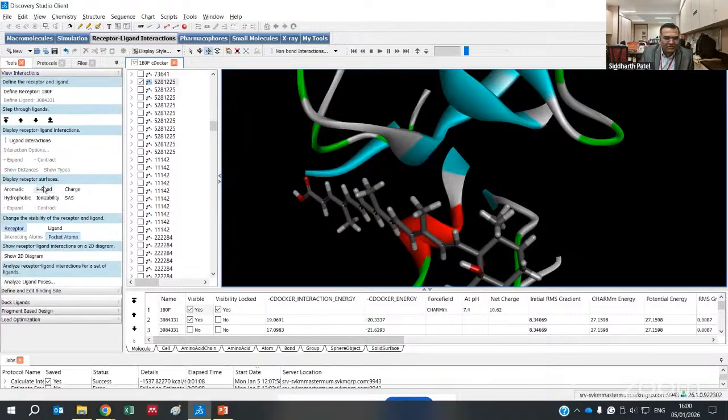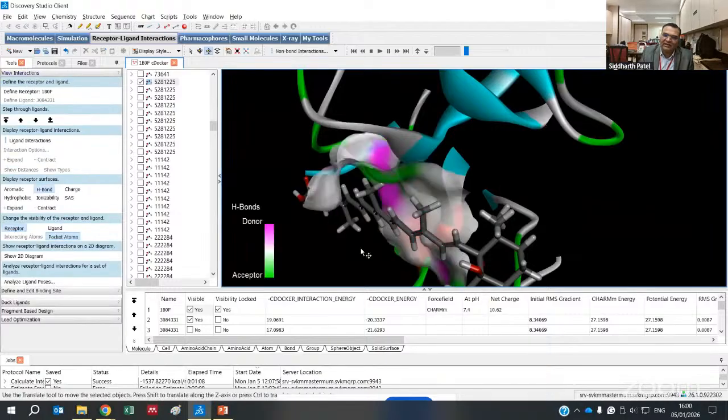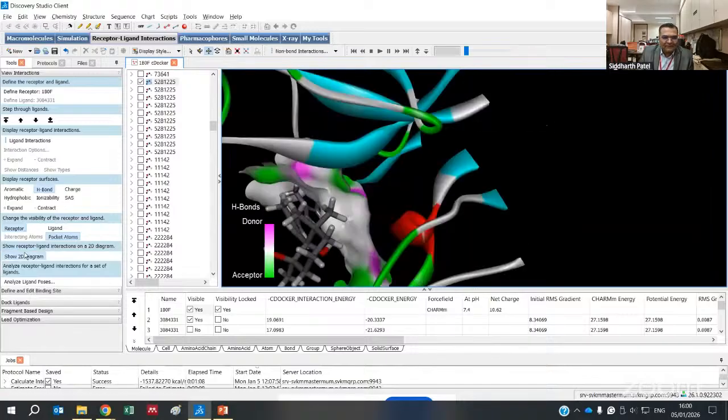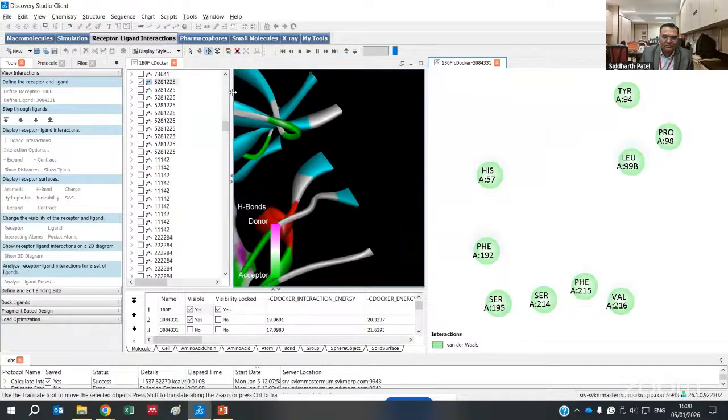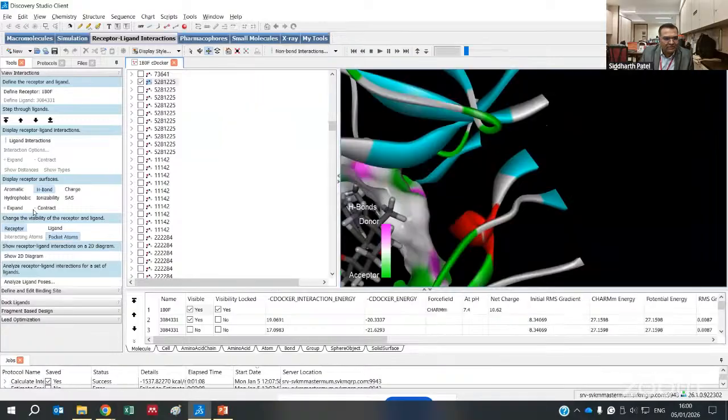Let's say the hydrogen bond interactions. If I want to see this interaction in 2D, then this can be the 2D interaction. Let me take it this way.